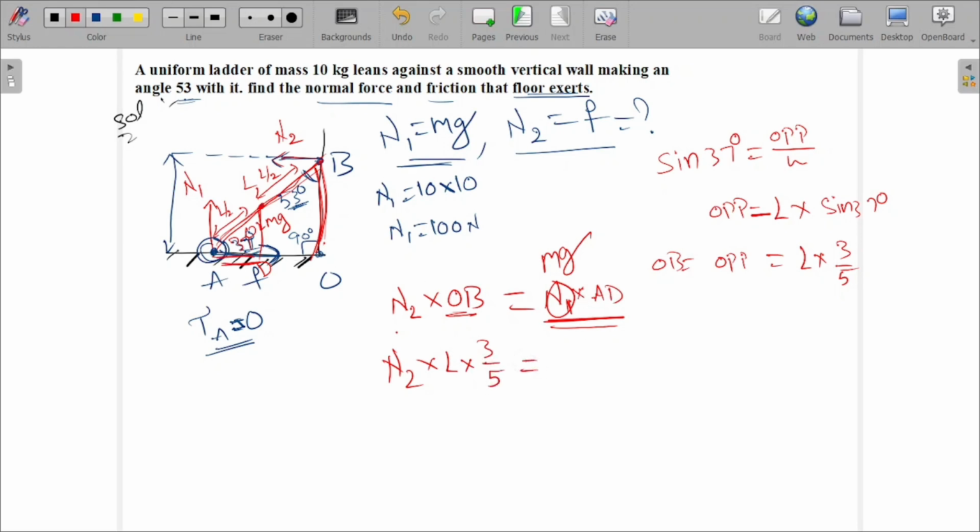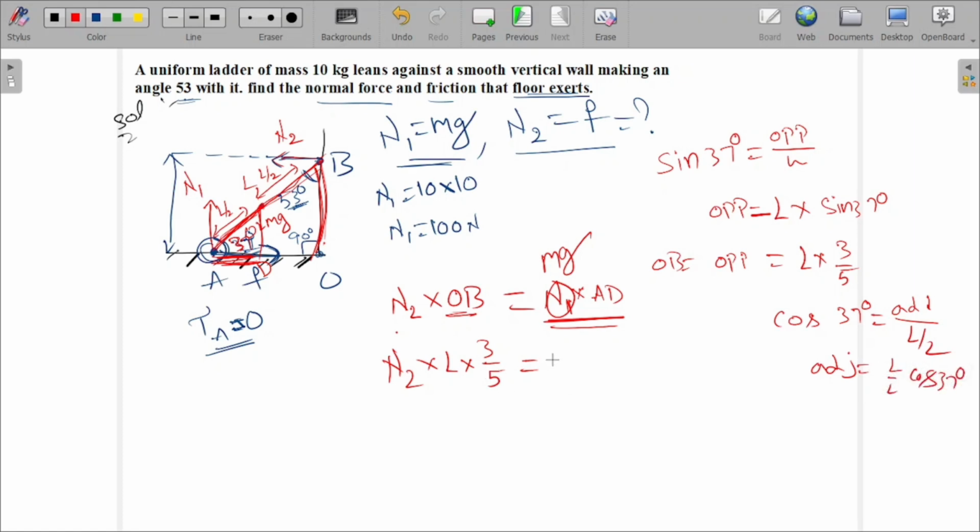That is equal to AD. AD means from here to here, that is cos 37 degrees equal to adjacent side by hypotenuse. The hypotenuse is till this point only, that is L by 2. So the adjacent side equals L by 2 into cos 37 degrees.